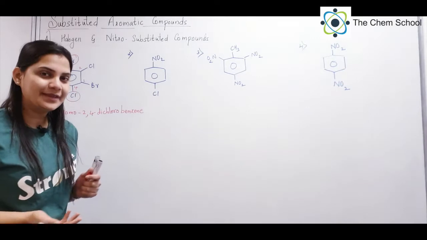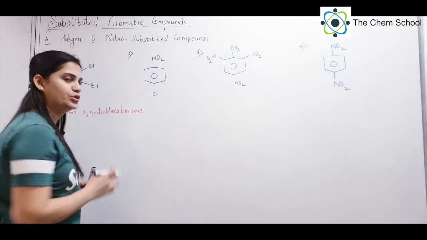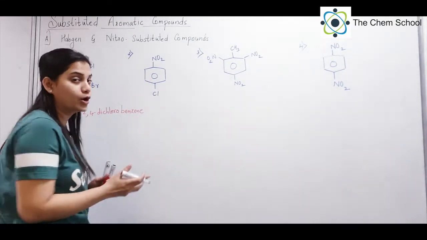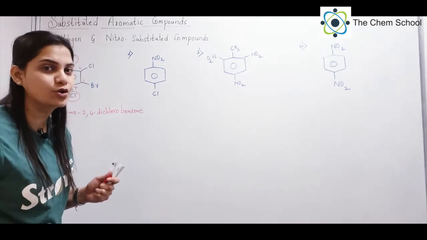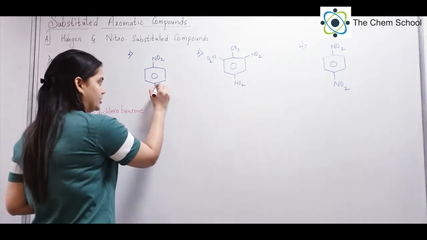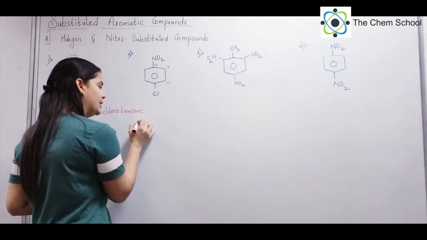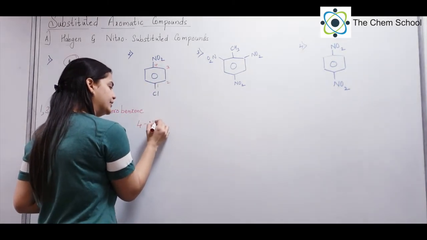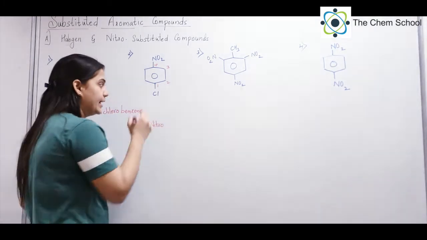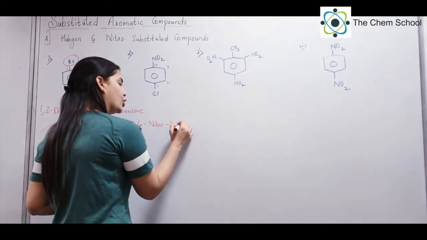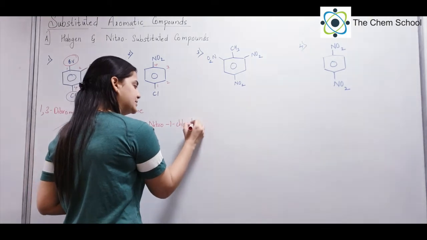Now let's talk about the next one. You have nitro which starts with N, and you have chloro which starts with C. So chloro is going to be your first priority. So 1, 2, 3 and 4. The name will be 4 nitro, then 1 chloro benzene.